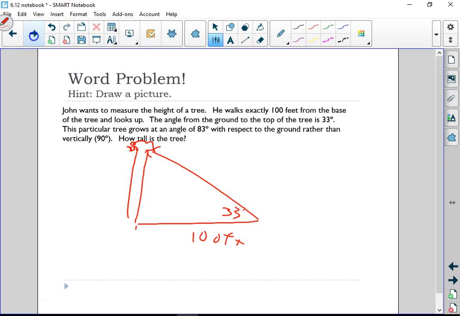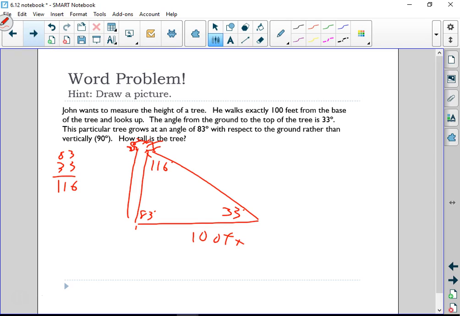Which means we can't just take sine of 33 or tangent of 33 equals x over 100 because it's not 90 degrees. But we know that this is 83 degrees right here. How tall is the tree? Well, first off, if that's 83 and 33, this is 116 degrees up here.